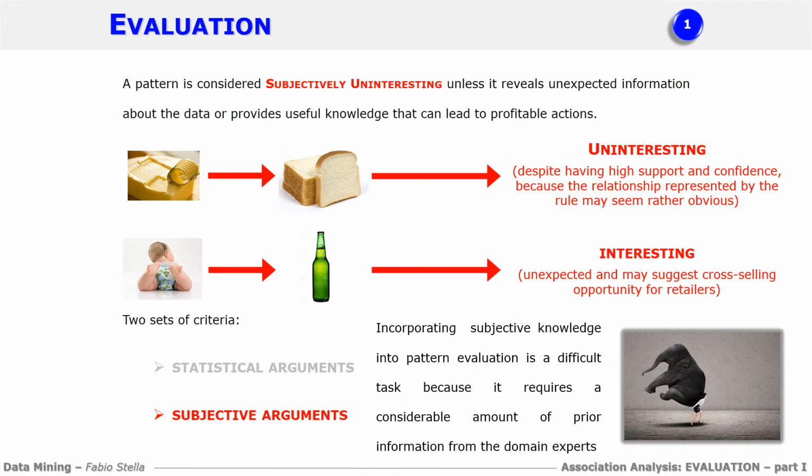So, in particular, to specify what is uninteresting and what is interesting requires the prior knowledge or the domain knowledge. However, incorporating subjective knowledge into pattern evaluation is a difficult task because it requires a considerable amount of prior information from the domain experts.